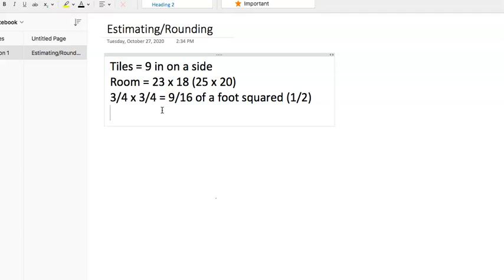Okay, so we got a half a foot per tile. So another way of saying that, it's a little bit easier from the math standpoint, is that it will be 2 tiles per square foot. Okay, now we're going somewhere. And then if we take that, we rounded up our room to be 25 by 20, right?